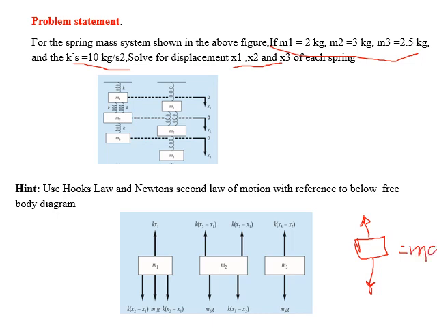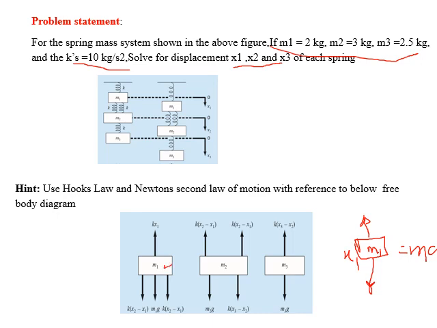Okay, so let us say x1, x2 and x3 are the displacements of the three different masses in the system. So upward force on the mass plus downward force on the mass is equal to mass into acceleration. Hooke's law states that the force because of the spring tension is equal to the stiffness multiplied by the displacement.